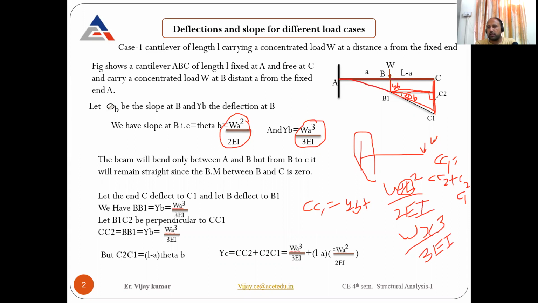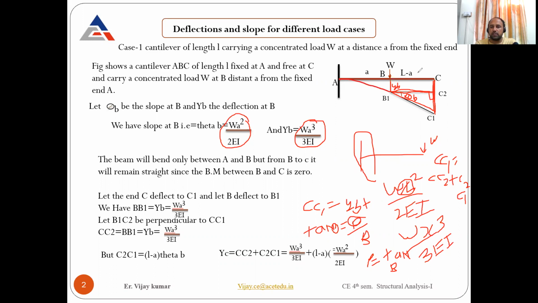To calculate this perpendicular, I know that tan theta is perpendicular by base, P by B. I need to find the perpendicular distance C2C1, so I cross multiply: P is equal to tan theta into B.